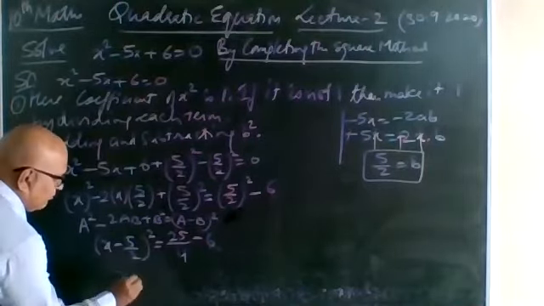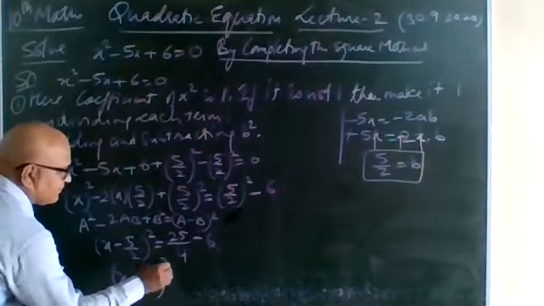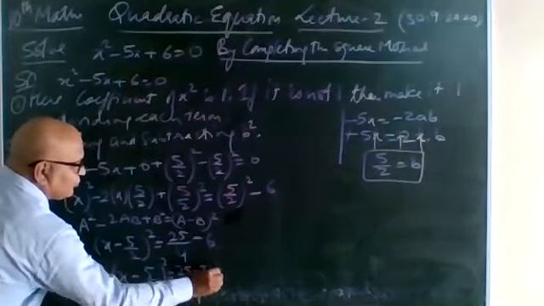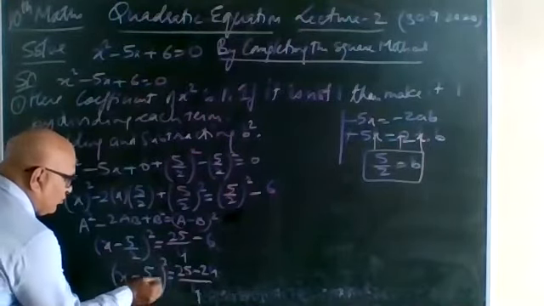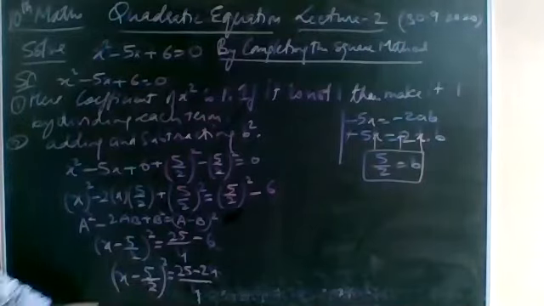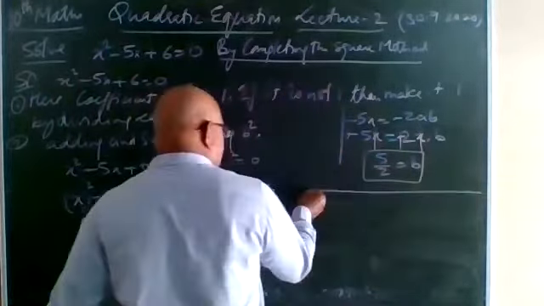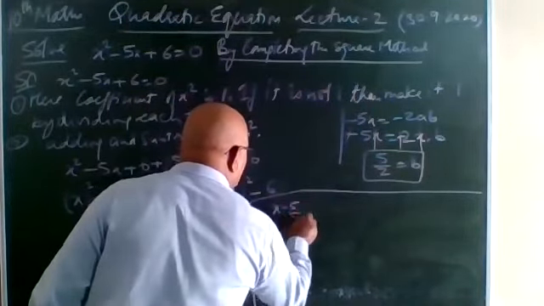Now x minus 5 by 2 whole square equal to, taking LCM 4, 25 minus 24 by 4, that is 1 by 4.